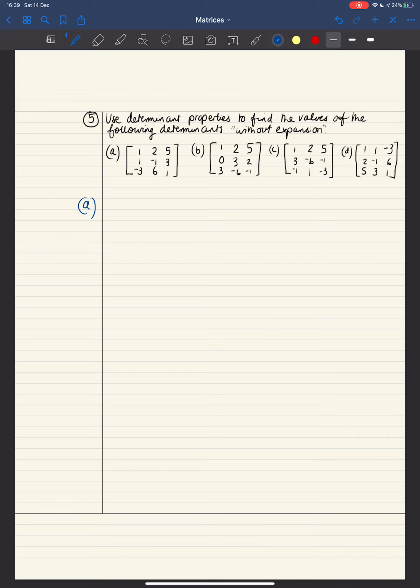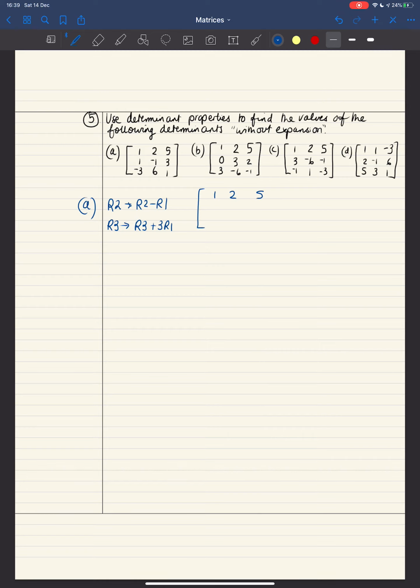Okay, so for A, what we can say, if we do row 2 becomes the old row 2 minus row 1, and row 3 becomes the old row 3 plus 3 row 1s, what this actually becomes, 1 stays as it is.